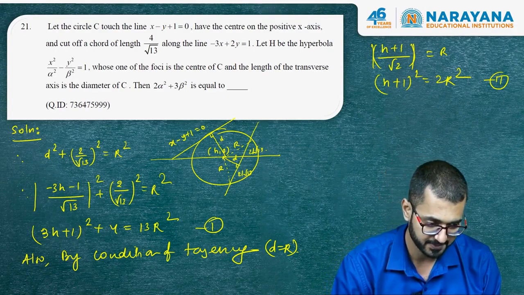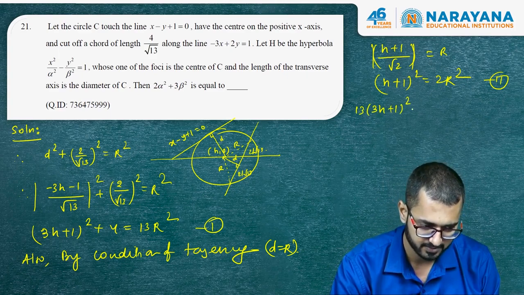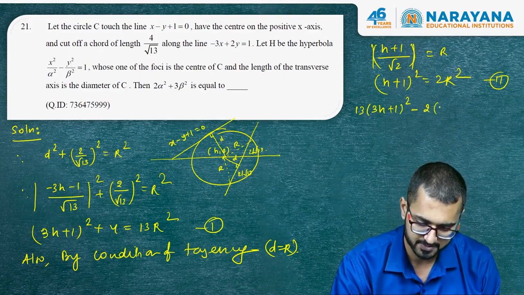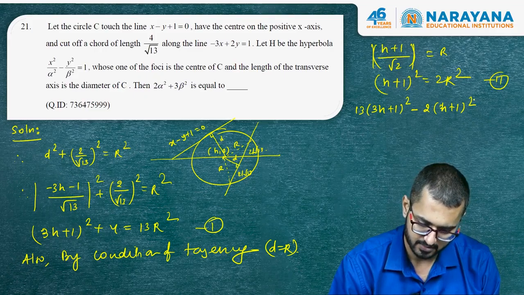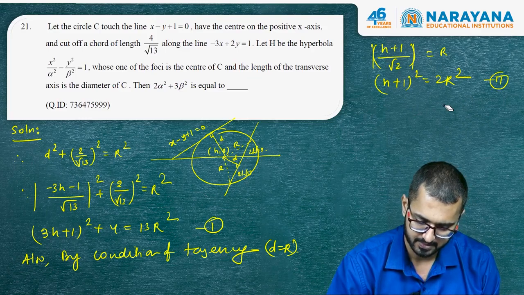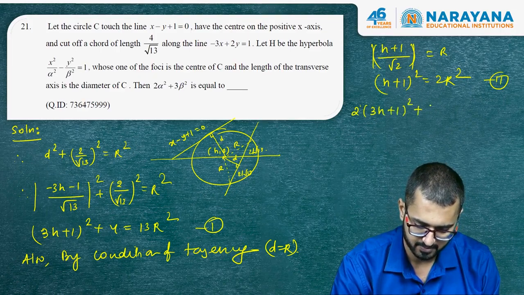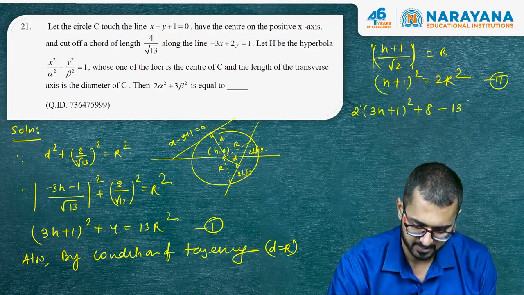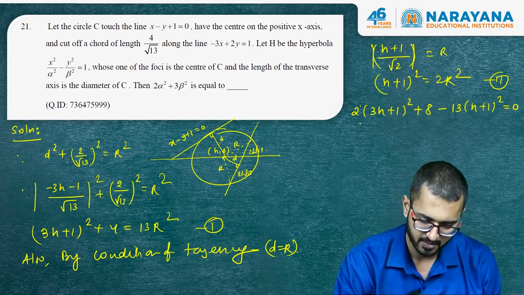So I am now having just 13 times (3h + 1)² minus 2 times (h + 1)²... no, reverse, sorry. This we have to multiply by 13, and this is 2 times. So 2 times (3h + 1)² + 8 − 13 times (h + 1)² is equal to 0. We get this equation. Now we'll open this one.